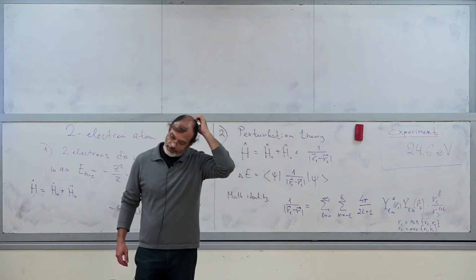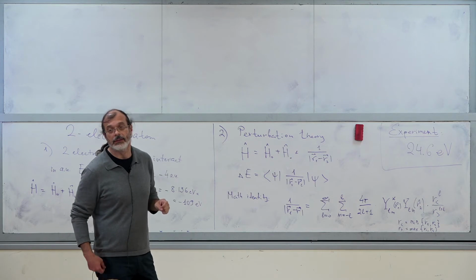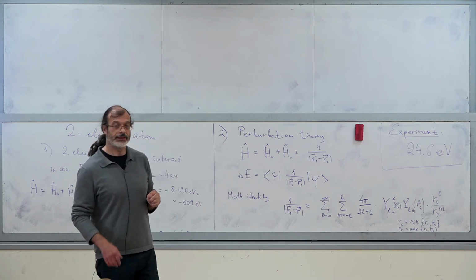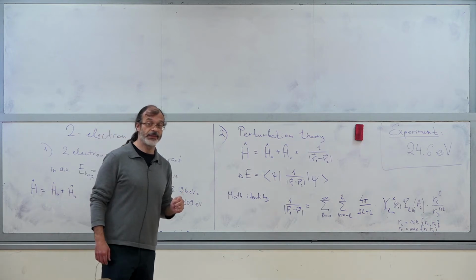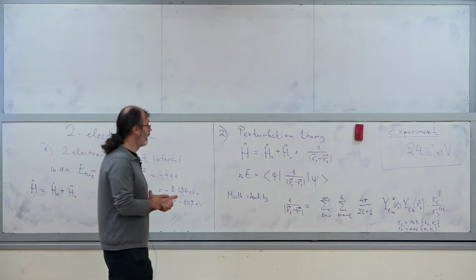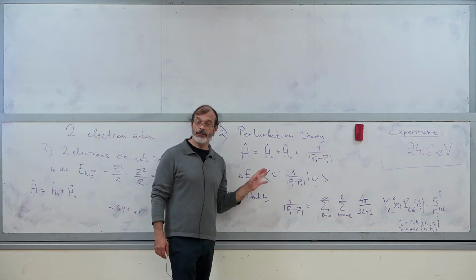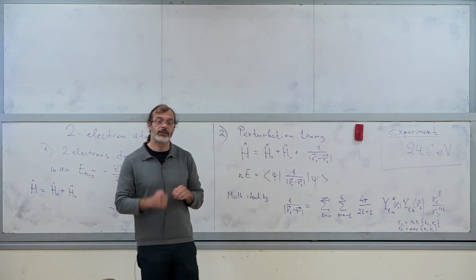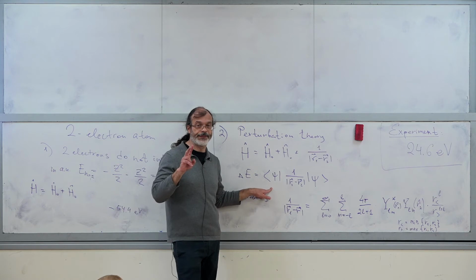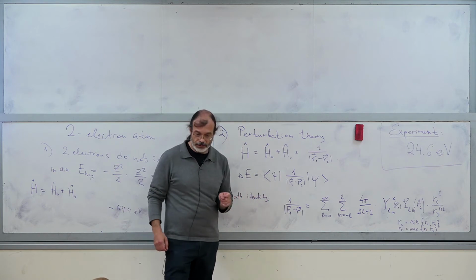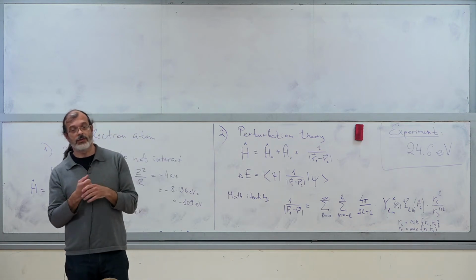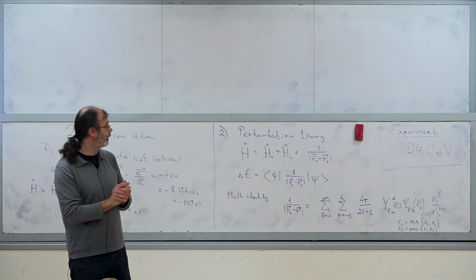But we know something about the electrons. Electrons are fermionic particles, and fermionic particles require antisymmetrization of the wave function. So we have to know that the wave function is antisymmetric, because we are dealing here with a wave function of 2 electrons. So this wave function has to be antisymmetric with exchange of the 2 electrons.